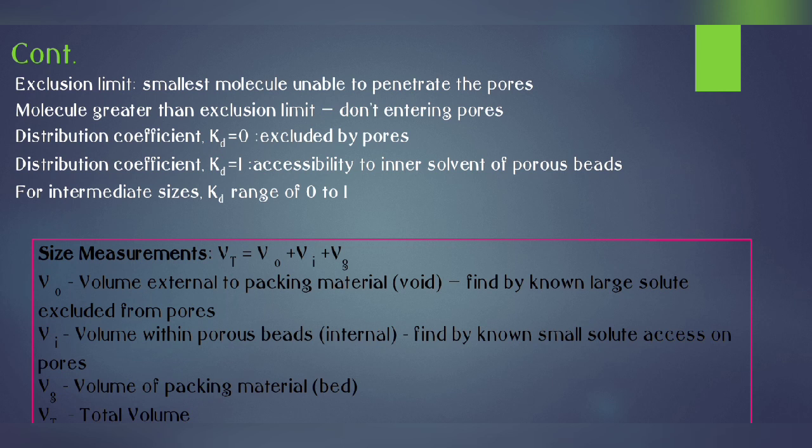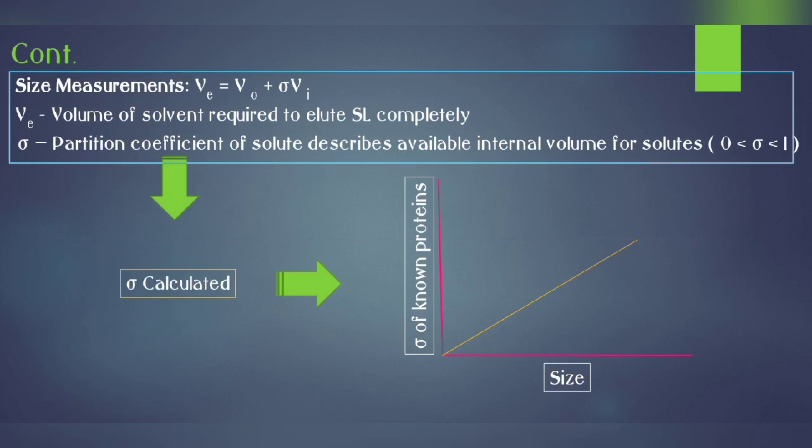From this formula they calculate V0 and Vi, and then put them into another formula: Ve = V0 + σVi. By putting this in, we know V0, Vi and Ve, which is the volume required to elute our solute. From this we can calculate σ, the partition coefficient of our solute.